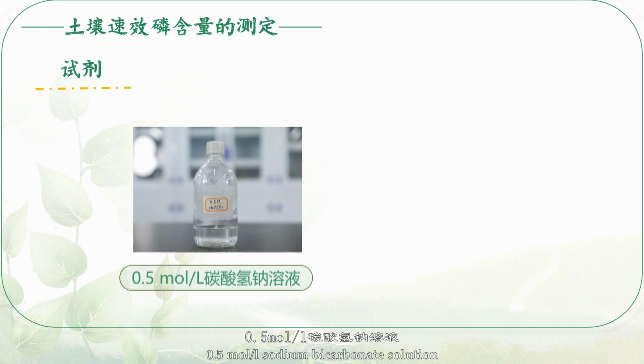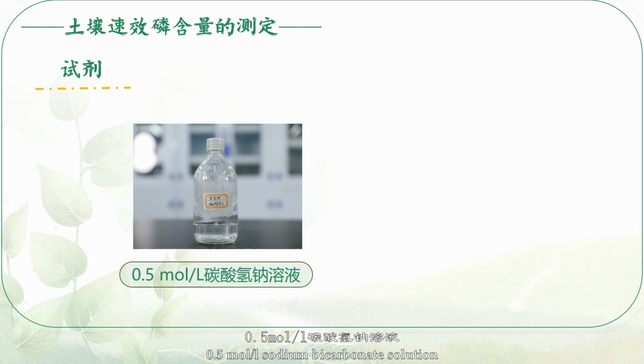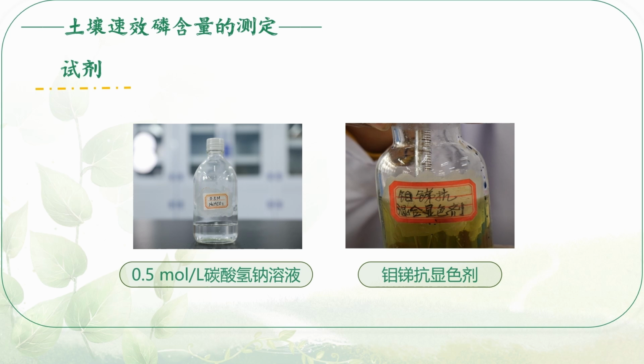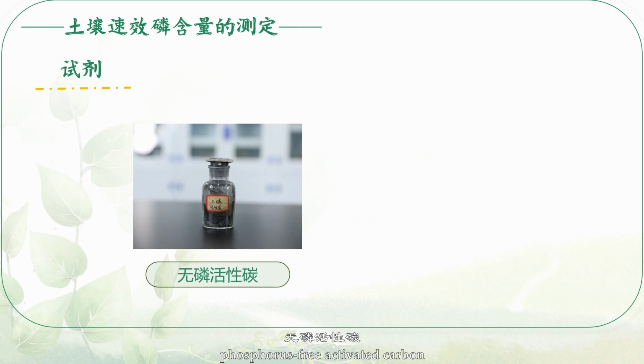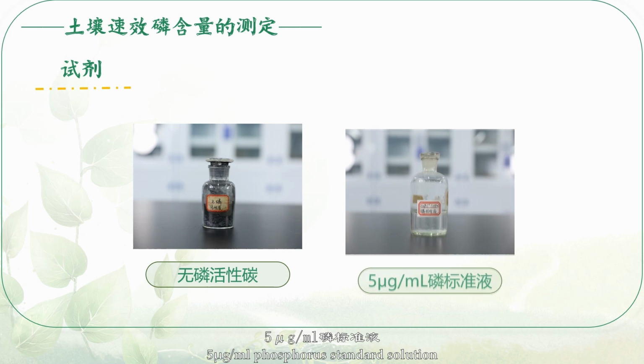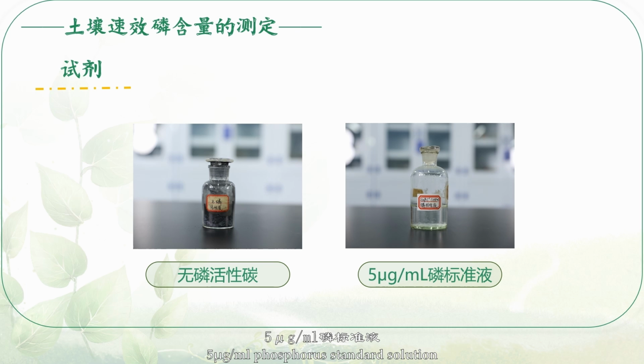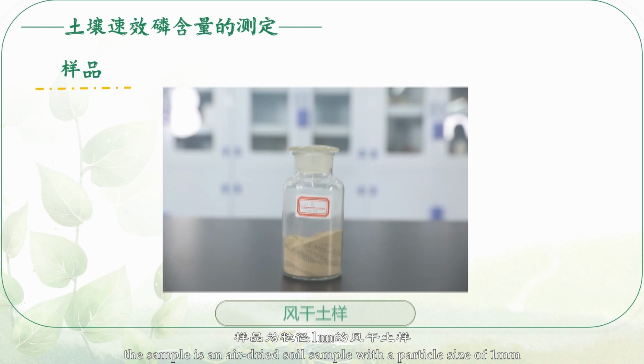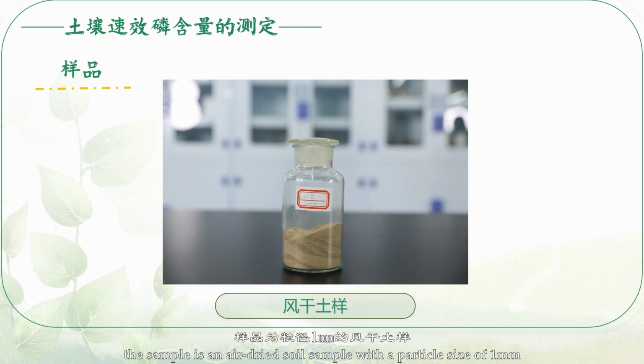Reagents: 0.5 mol per liter sodium bicarbonate solution, molybdenum antimony anti-color reagent, phosphorus-free activated carbon, 5 micrograms per milliliter phosphorus standard solution. The sample is an air-dried soil sample with a particle size of 1 millimeter.